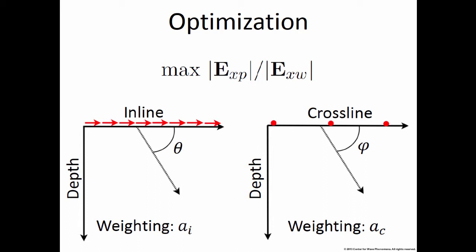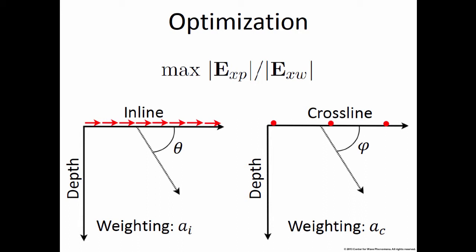And we do that by testing different combinations of 4 parameters. 2 are steering angles, theta and phi, for the inline and crossline directions, respectively, and 2 weighting terms, A sub I and A sub C. And so we go through that process and test these different combinations.